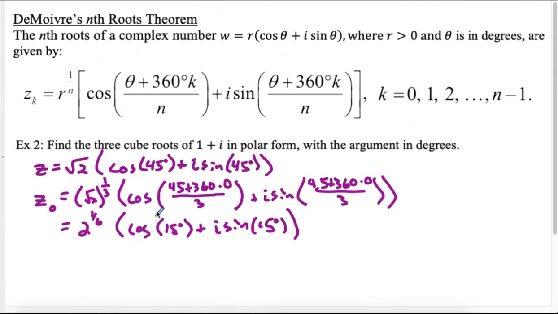Now for these, we can just leave our answers in polar form. So this is my first root. Now I just want to go through this process again for k equals 1 and k equals 2.